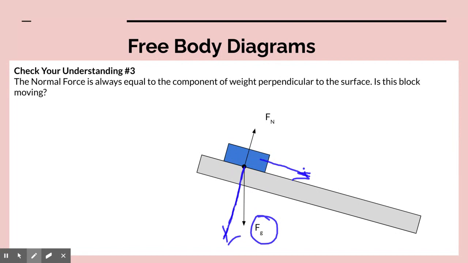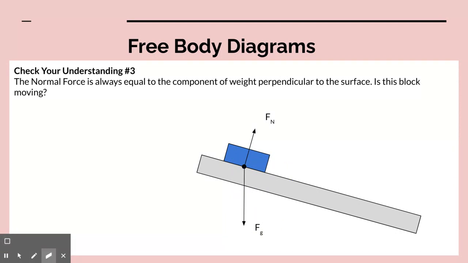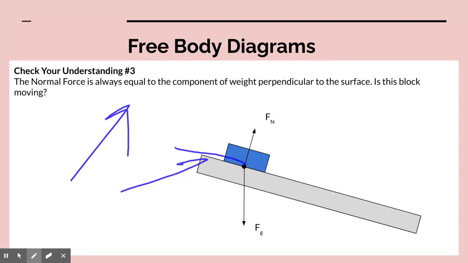Now, if it mentioned friction, and there will be questions like this throughout this unit, if it had the friction vector up here, like this, in this case we would say it's not moving.